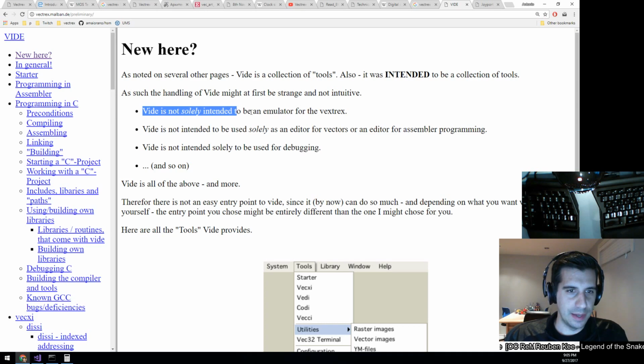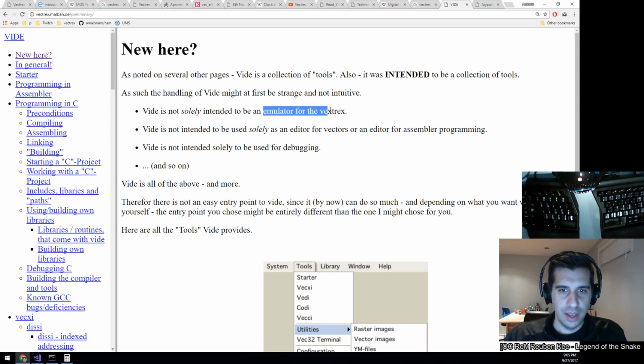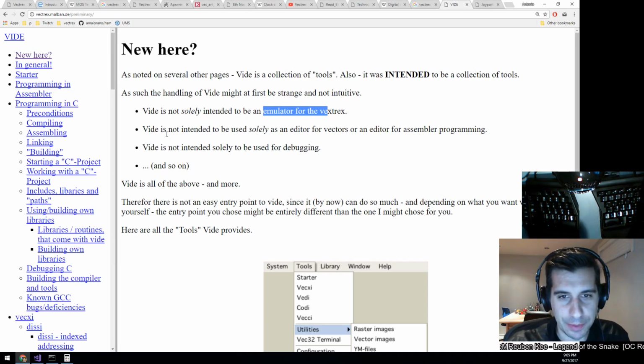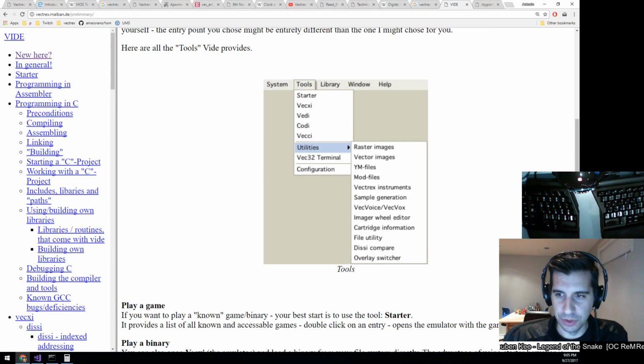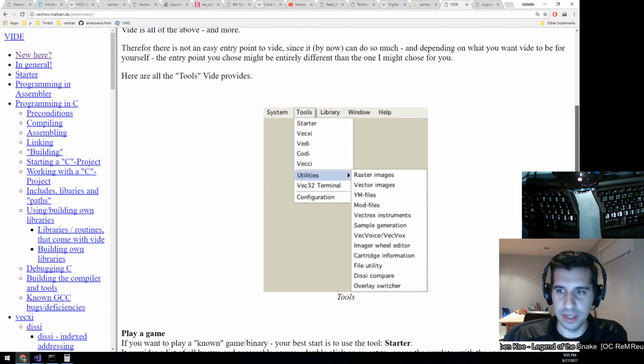Part of it is an emulator. I suspect it to be quite a good emulator from everything I've been reading here, possibly the best emulator for Vectrex. He also provides a whole bunch of cool tools for making games for the Vectrex.